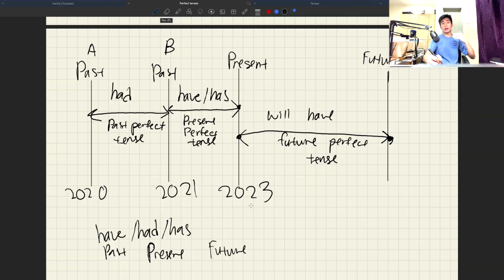So this event continues, keeps going, keeps happening, keeps going. So this is maybe 2024, which is next year, right? So right now I have started an event in 2023 and it's still running, it's still going, it's still happening until 2024. So we will use will have.